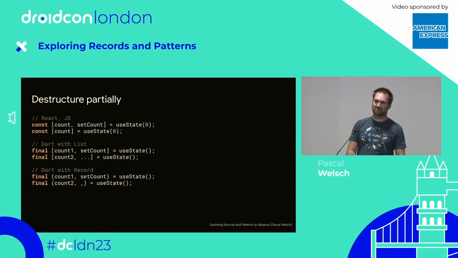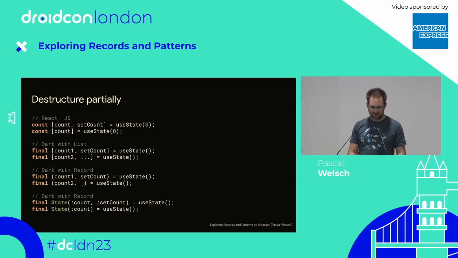What about a record? I talked about records, they are nice. Same thing, you either have to use the spread operator or the underscore, and in this case I use the underscore because I don't care about this value, but I have to add the underscore. Not that nice. Just saw what about destructuring a class or any object.